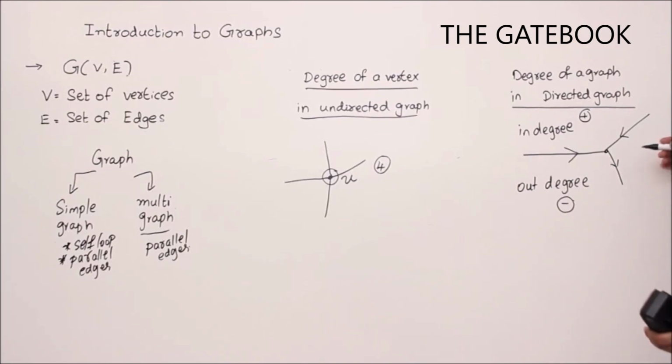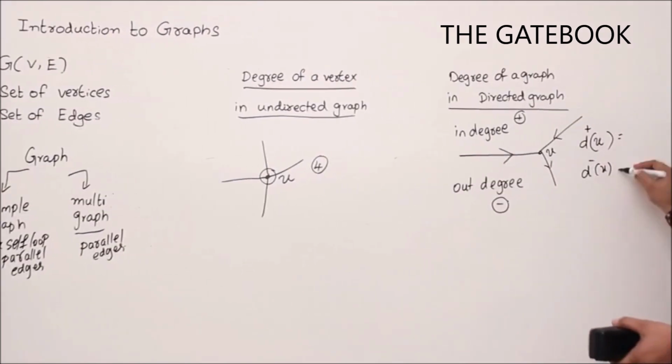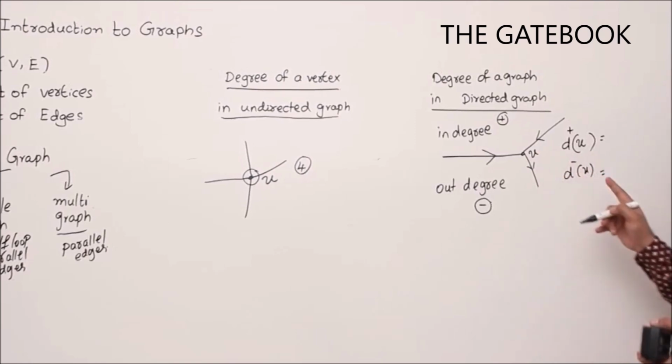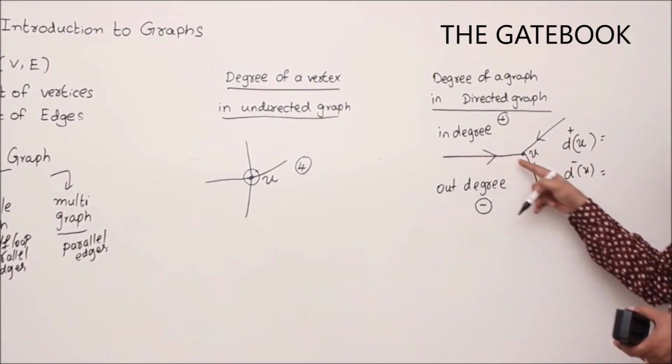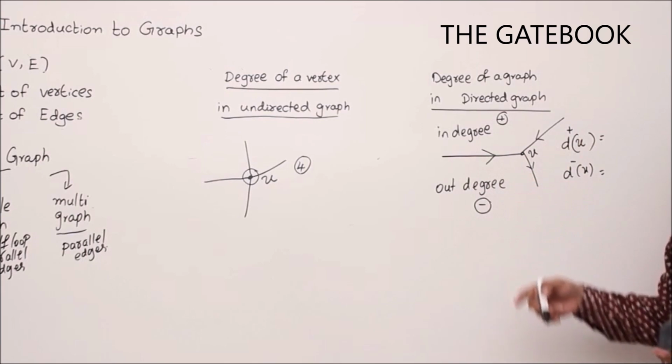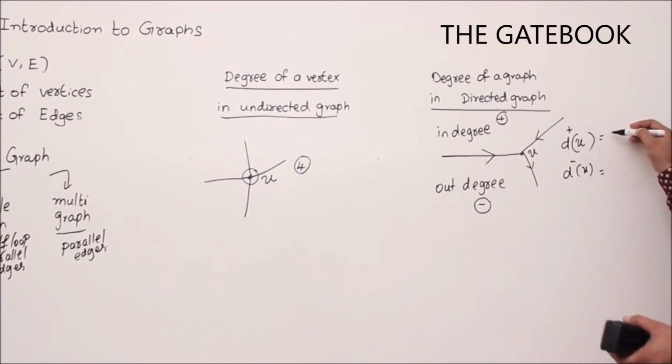Write a vertex, let's say u. d of u is usually degree, but there is no simple degree here. We have in degree and out degree. That's why d plus of u, d minus of u. In this problem, d plus of u is nothing but the number of edges which are incident towards u, incoming.